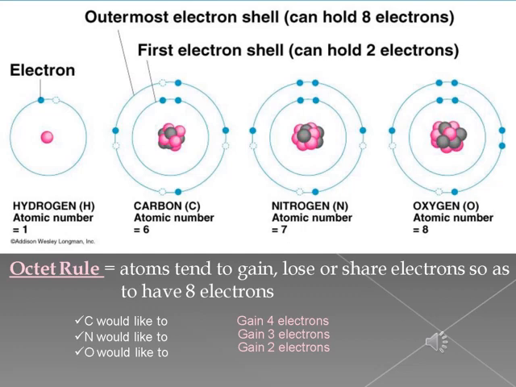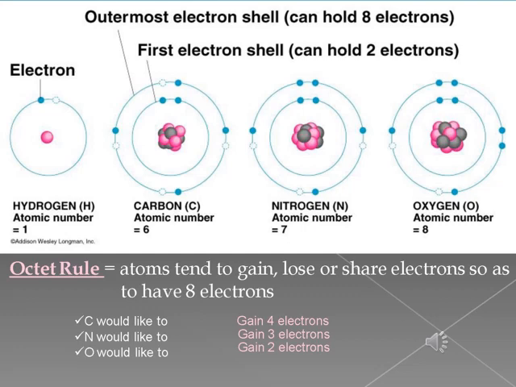As I said just now, the first electron shell, which is the innermost shell here, can hold only 2 electrons. And the shell thereafter, which is the outermost electron shell here, can hold up to 8 electrons. So when carbon has atomic number 6, this means that 2 electrons are located in the first electron shell, the innermost shell, and the other 4 electrons are located in the outermost electron shell.